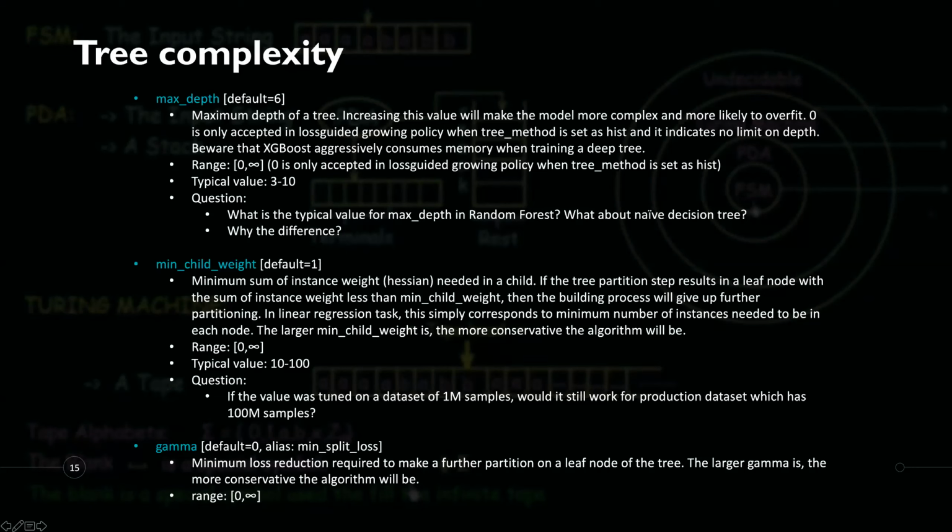So I will be using the XGBoost example to explain how we can take a look at the parameters and how we can prioritize them. First of all, I would like to group the hyperparameters into a few groups.